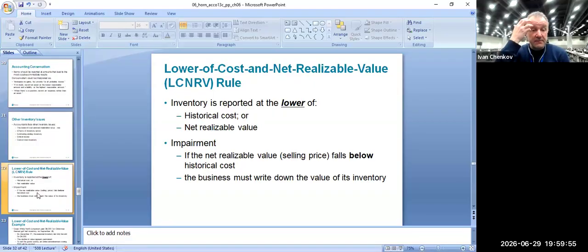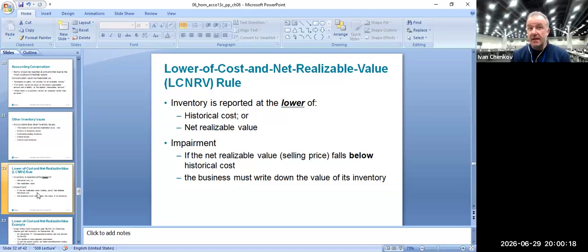Lower of cost or net realizable value is not a term, it's a method. In this method, we compare two numbers: one is cost, the other is net realizable value. Whichever is lowest, that's what we use to value our inventory.